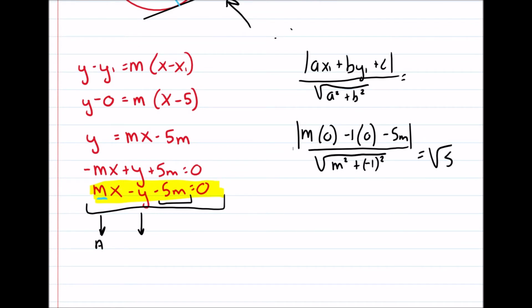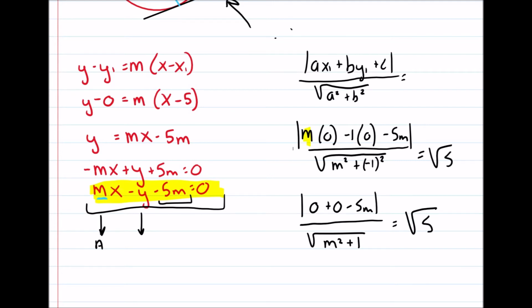The only thing I'm missing here is the m. Okay, so this is one equation, one unknown. I should be able to solve it. So m multiplied by 0 is 0, minus 1 multiplied by 0 is 0, minus 5m, all over the square root of m squared, and then minus 1 squared is 1, so plus 1, and that all equals the square root of 5.